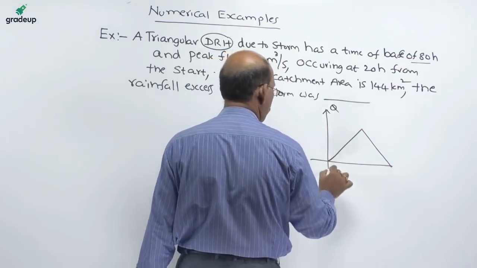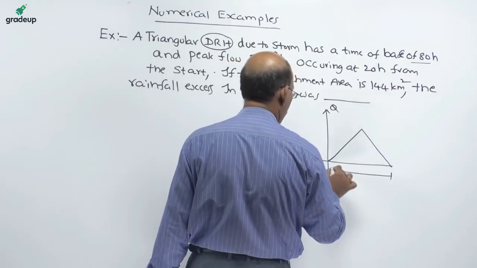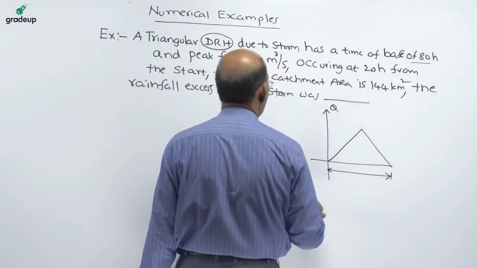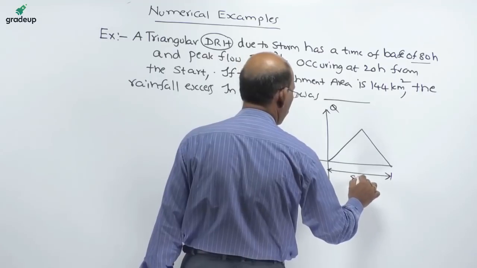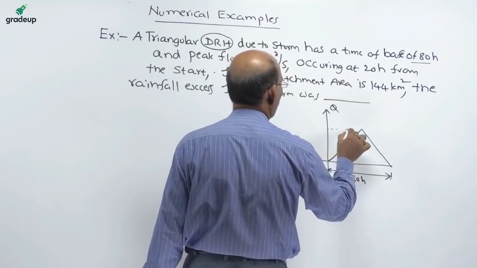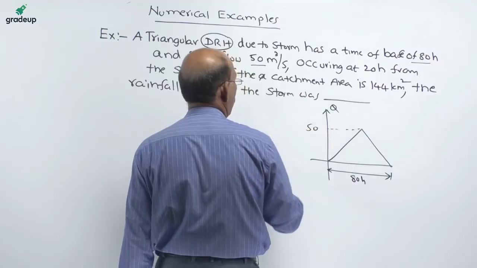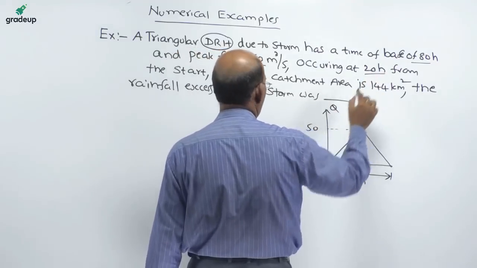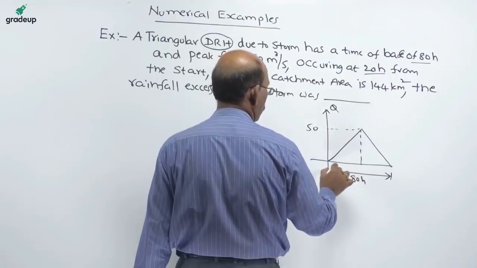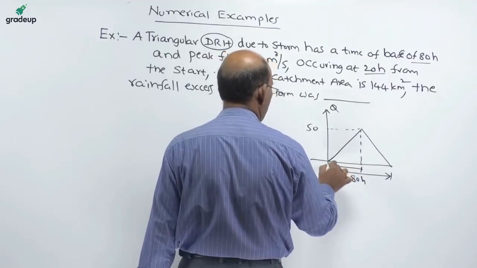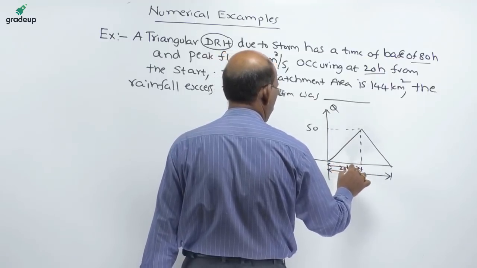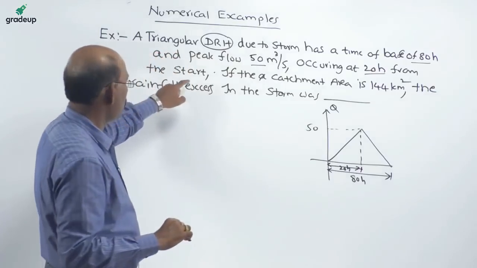This is Q. This is 80 hours. So, this is 50 and occurring at the 20th hour. So, this period is time 20 from the start.